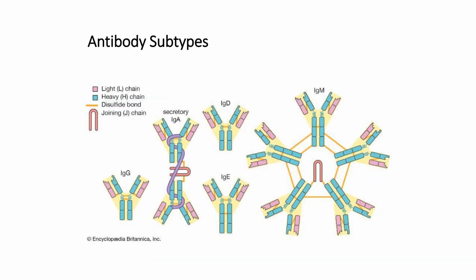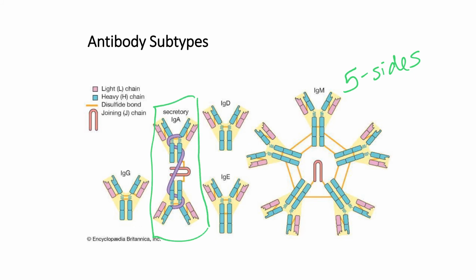There are three different subtypes of antibodies. We have a pentamer, so that's 5 sides. We have a dimer, which is 2. When things dimerize, they make a mirror image of one another. And then we have just a single antibody, a Y-shaped monomer.